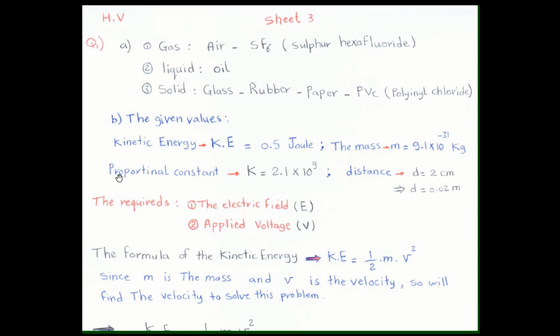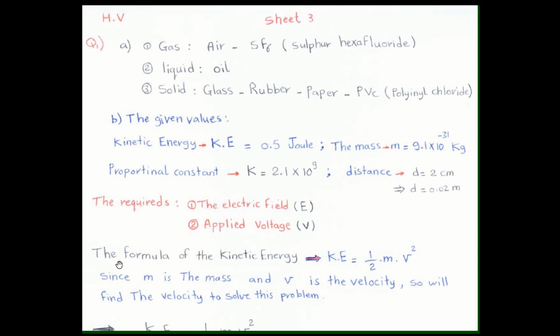Also, he gives us the proportional constant, which we will call K. It equals 2.1 into 10 to the power 9, and the distance, which we will call D, is 2 centimeters. If we change it to meters, it will be 0.02 meter. So in this question, he asks us to calculate the electrical field intensity and, second, the applied voltage.